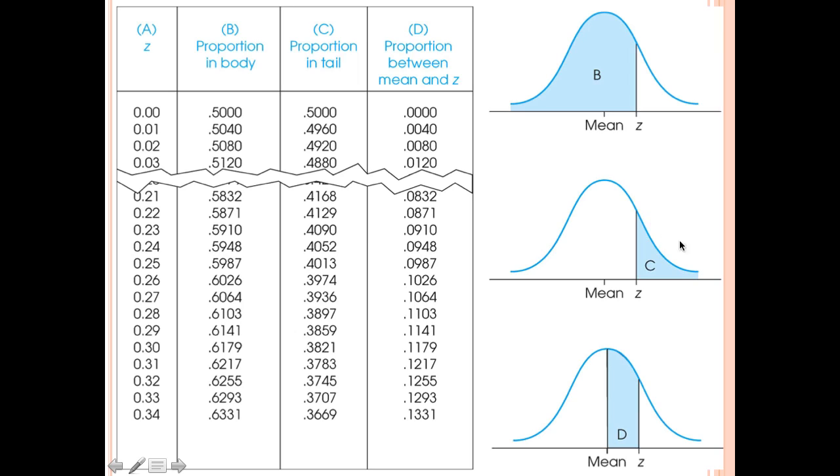So here, if we wanted to know what the cutoff for an A and a B should be, and we want to make the top 10% get an A, we would look in the smaller portion or the tail portion column for a value of 0.1, and that would cut off 10% in this section, and we would read off what z-score corresponds to that, 10% in the tail, and then transform that back into a raw score.